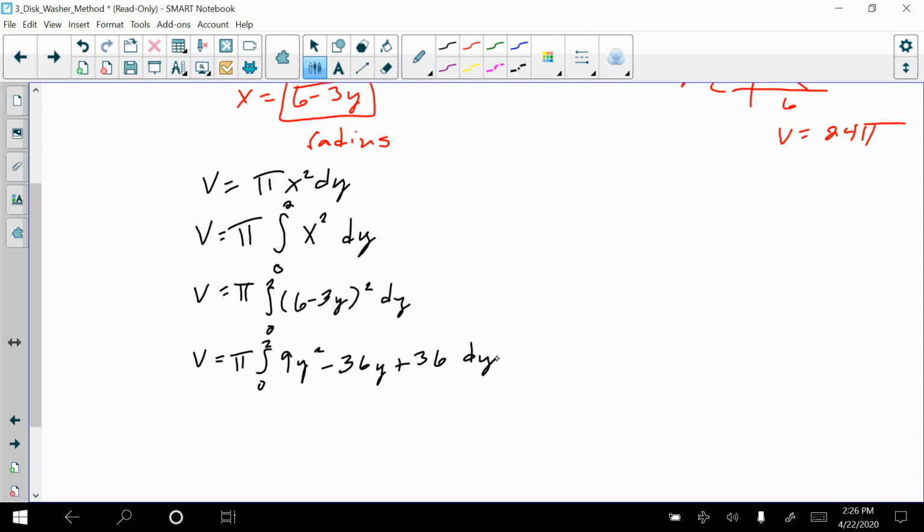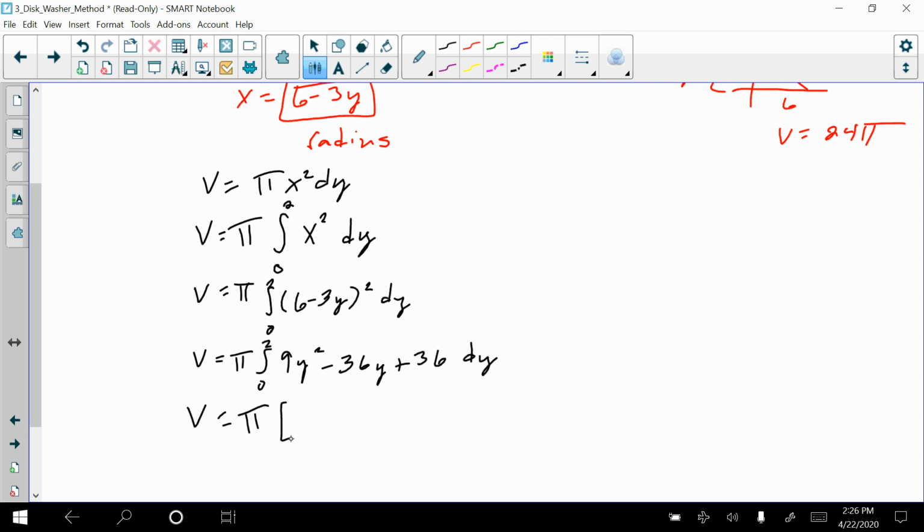And at this point, we can actually do the integration of each piece of the polynomial that we have. So we're going to keep pi here as our constant, and we're going to take the antiderivative of each piece of the polynomial.